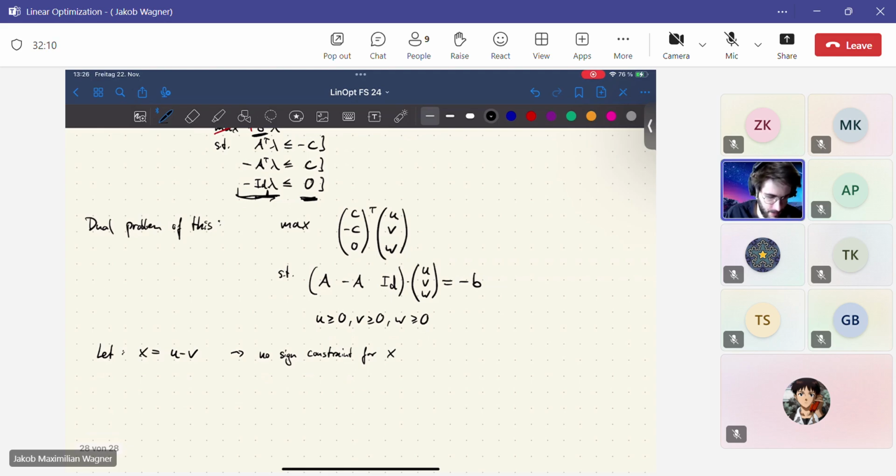We also saw last time how we can transform inequality constraints to equality constraints combined with a non-negativity condition by introducing slack variables. And we see that this w is exactly a slack variable.